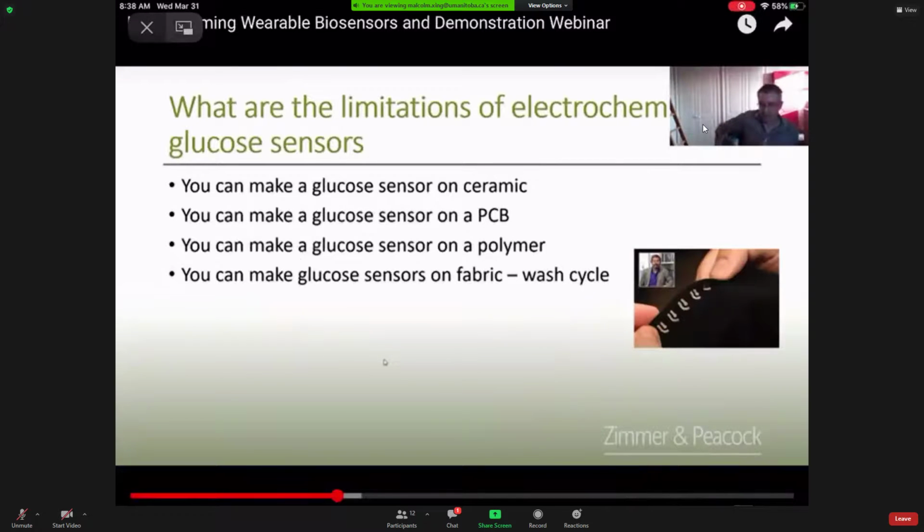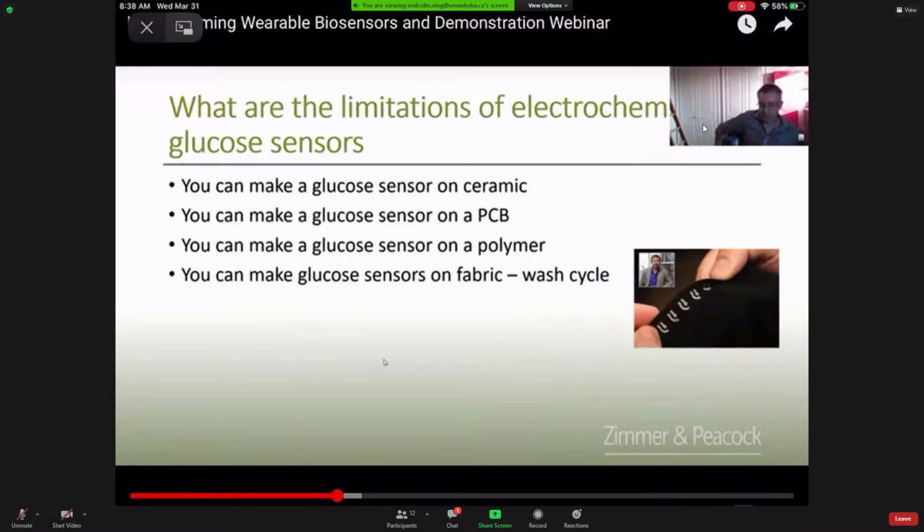So this is about the limitation of electrochemical glucose sensors. Basically we have different materials, which could be on a PCB board or fabric, but you need to be careful about the wash cycle.